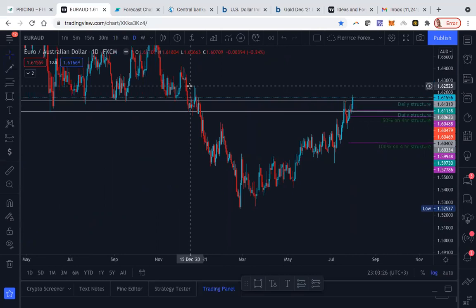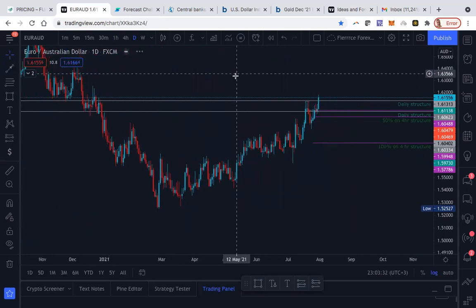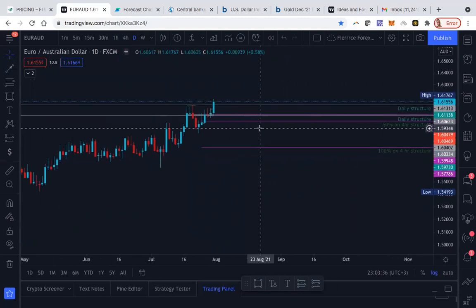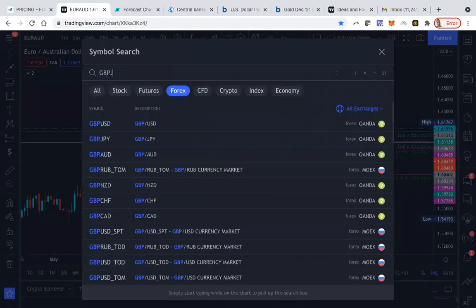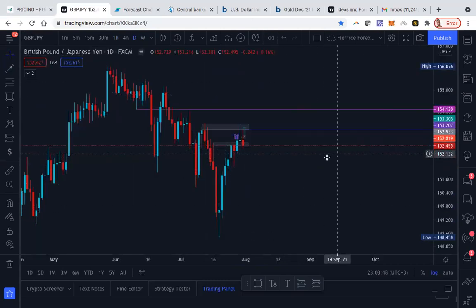We may try to retest the 1.62525 level. But we'll wait and see when the market opens.